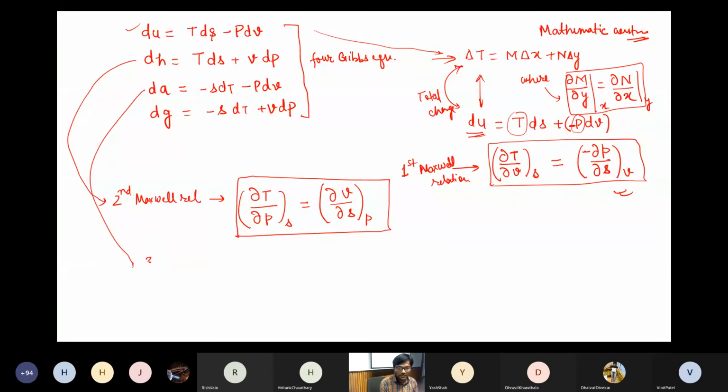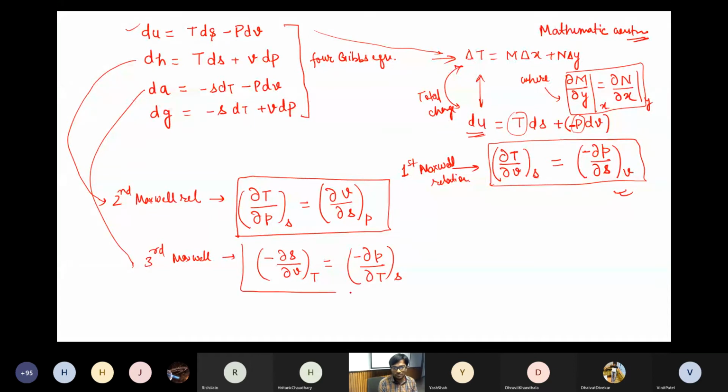The third Maxwell equation I can write as minus ∂S/∂V at constant T is equal to minus ∂P/∂T at constant entropy.